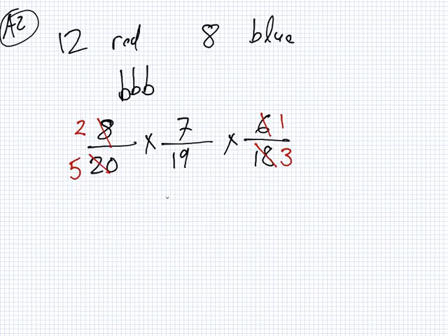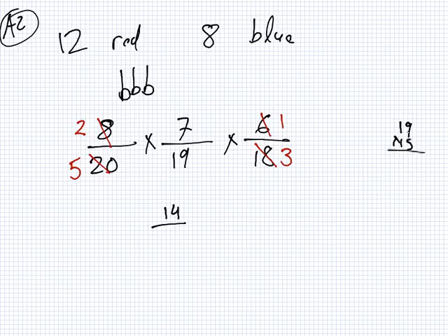So on the top we have 7 times 2 is 14, and then on the bottom we have 19 times 15. 9 times 5 is 45. I got 336 over 6,000. But that can be simplified.